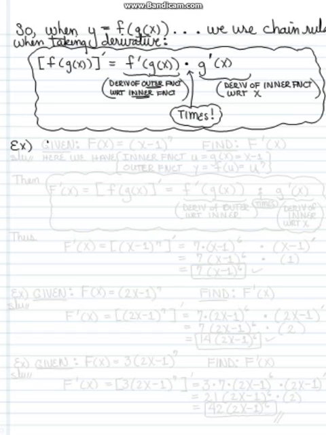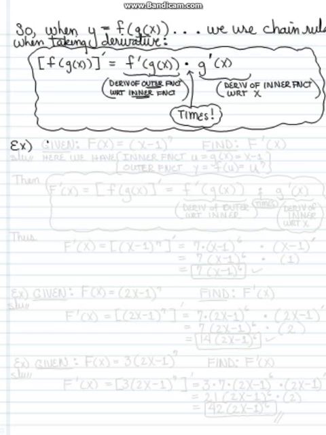Fasten your seatbelt, ladies and gentlemen, because we are embarking on the application of the chain rule. Here's how it works in general. When you have a composite function like y equals f of g of x, we will use the chain rule when we take the derivative.